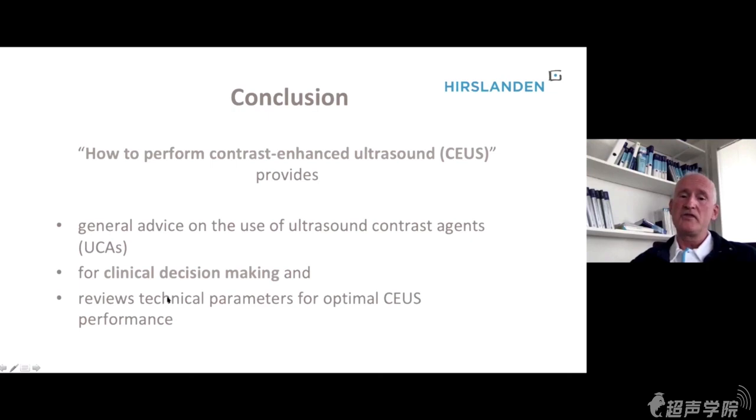And I reviewed technical parameters, best B-mode imaging, best Doppler imaging as the prerequisites for a good contrast-enhanced ultrasound. The dual blood supply in the portal venous phase is a guiding detector: benign lesions are iso- or hyper-enhancing, and malignant lesions show hypo-enhancement and washout.